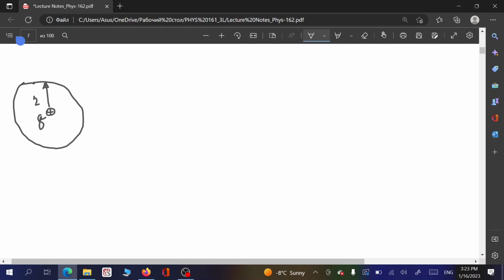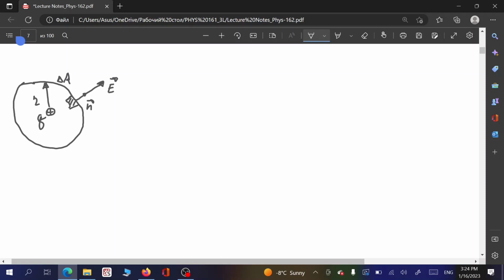Here we can consider a small surface element of this sphere with area delta A, and here will be the unit normal vector and the electric field vector. We know that a point charge creates a spherical symmetry of electric field around it.